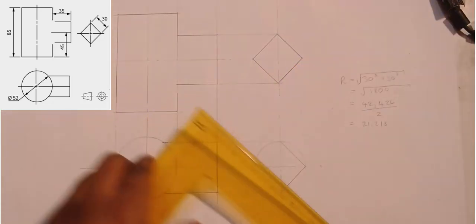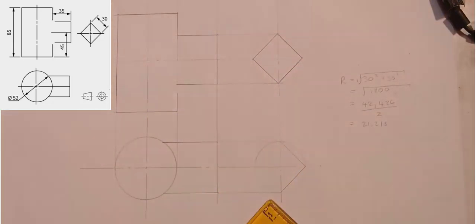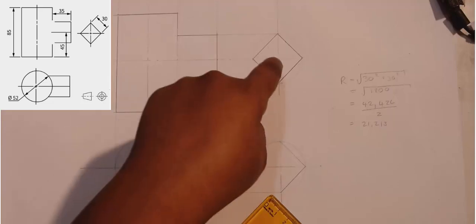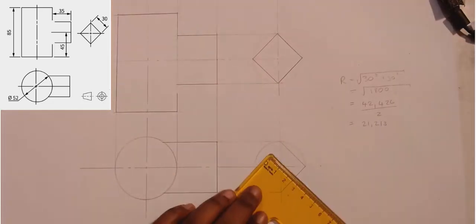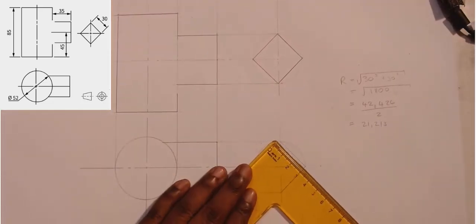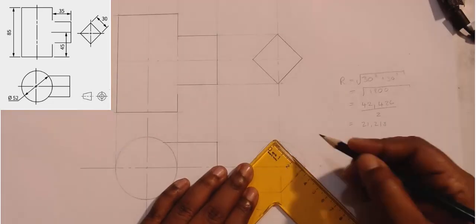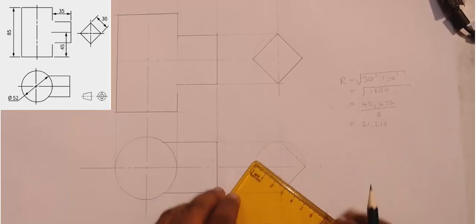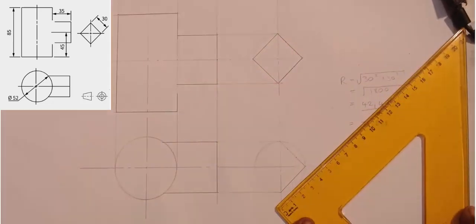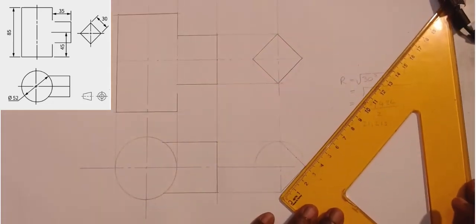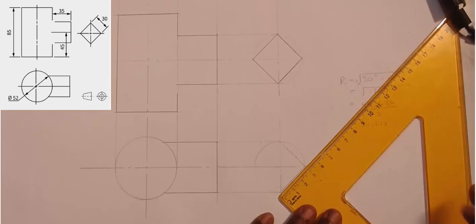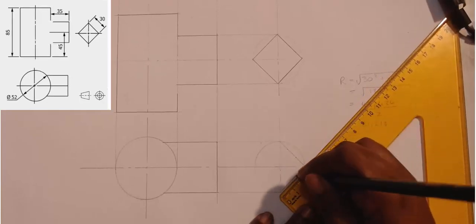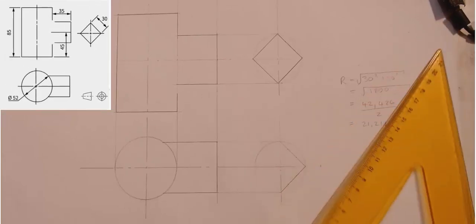So on this side, all I need is just one side. I just transferred whatever I was doing there here. I'm just dividing the square.